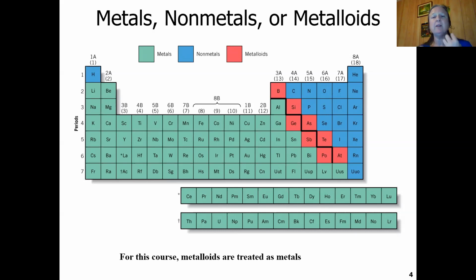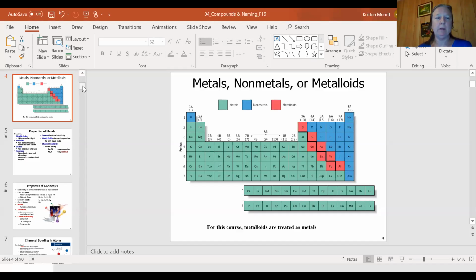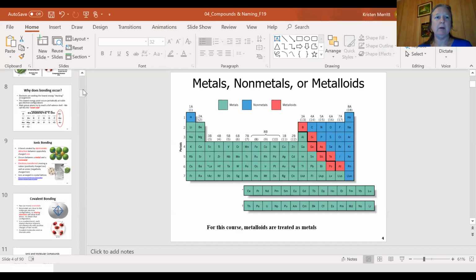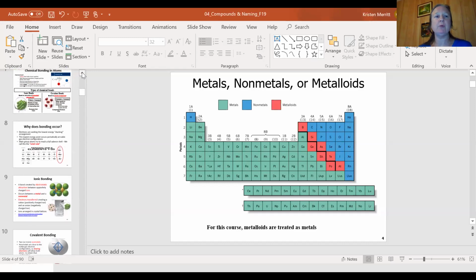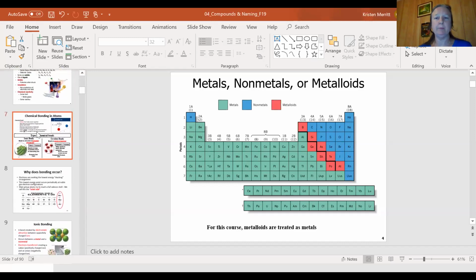So just get a feel for that concept right now. Okay. So of course, when we're talking about charges, we're talking about ionic bonds.